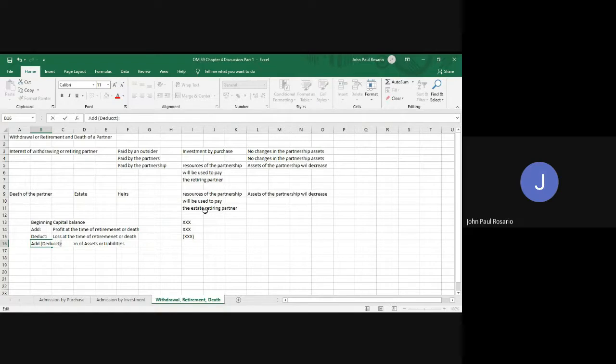A revaluation of assets: add if increase, deduct if decrease of assets, and then add or deduct the valuation of liabilities.